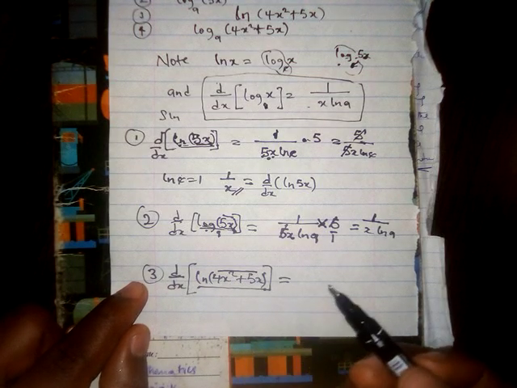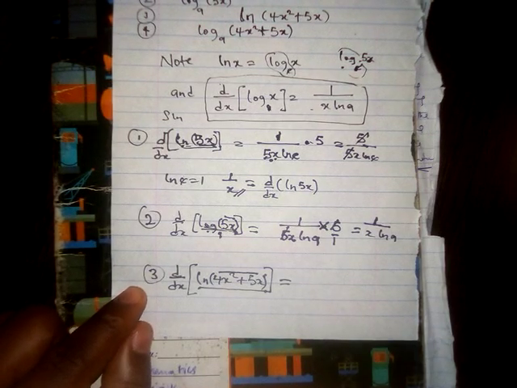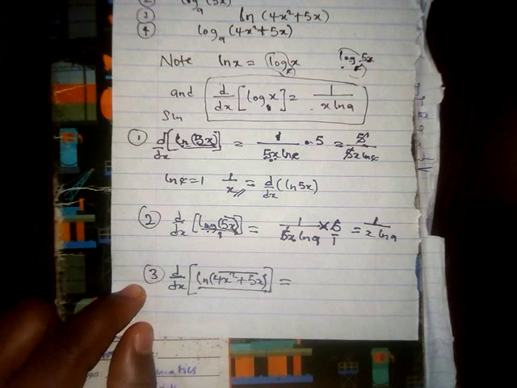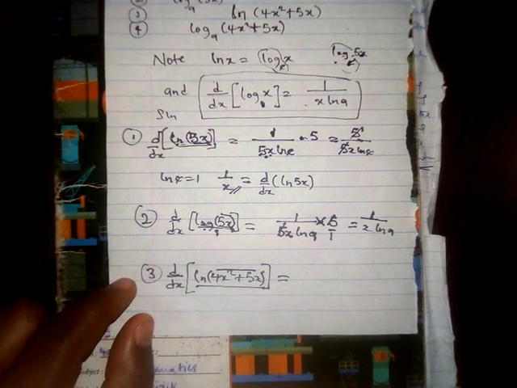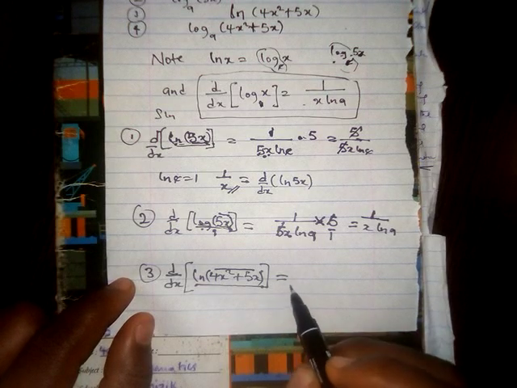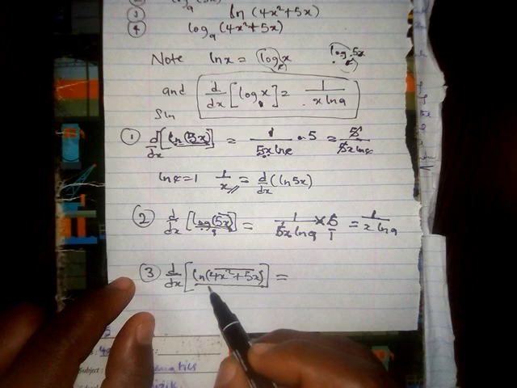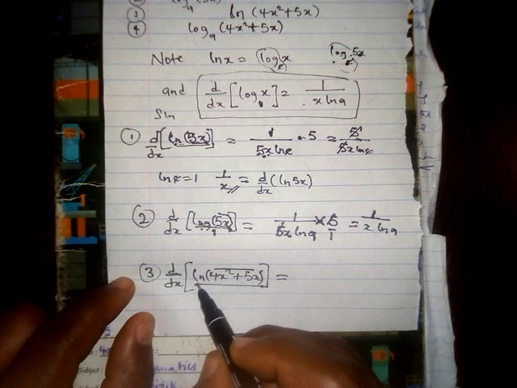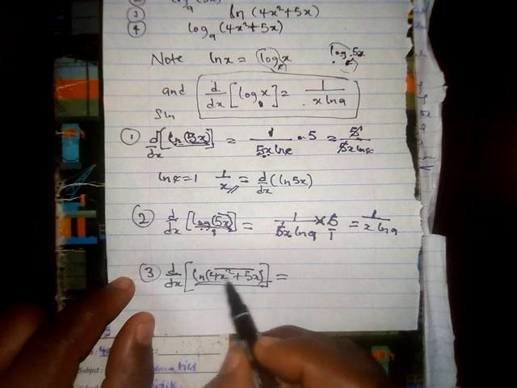The inner function here is a polynomial with degree 2, known as a quadratic equation. Well, it's still a polynomial, but to get the answer for this, we need to differentiate the outer one and then multiply it with the derivative of the inner function.